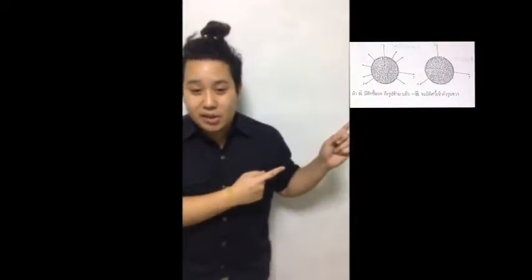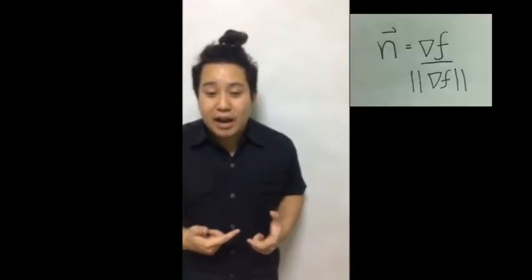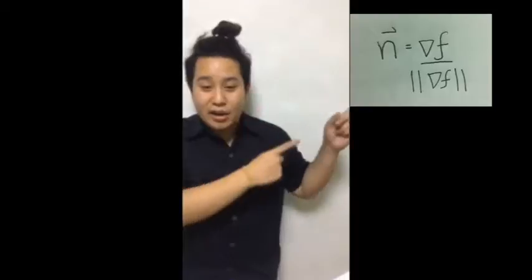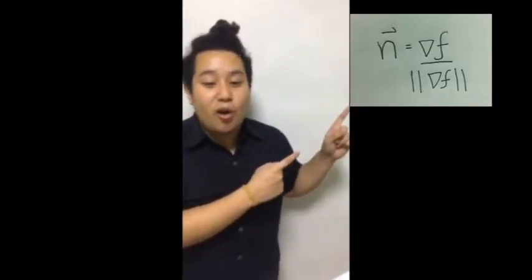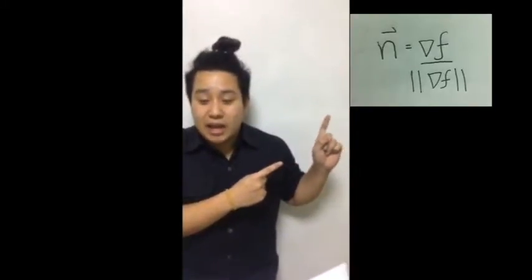For the sphere, n will be negative when n is coming inward and positive when n is going outward, as in the picture. We can find the value of the n vector by this formula: n equals gradient f over the norm of gradient f.